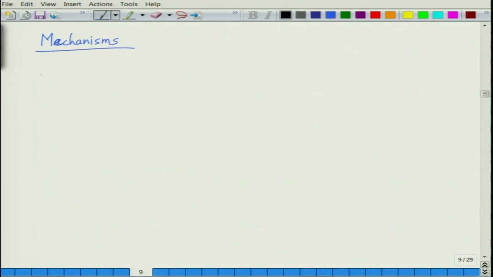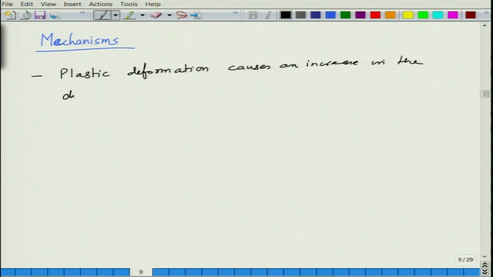The first thing that we know is that as we do plastic deformation, it causes an increase in the dislocation density. Okay.